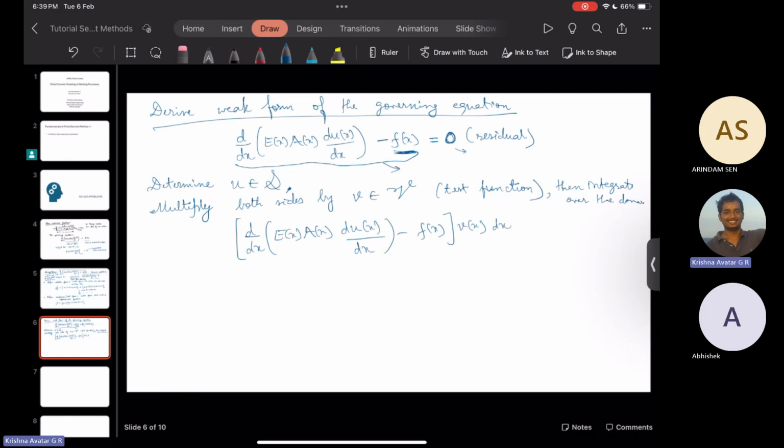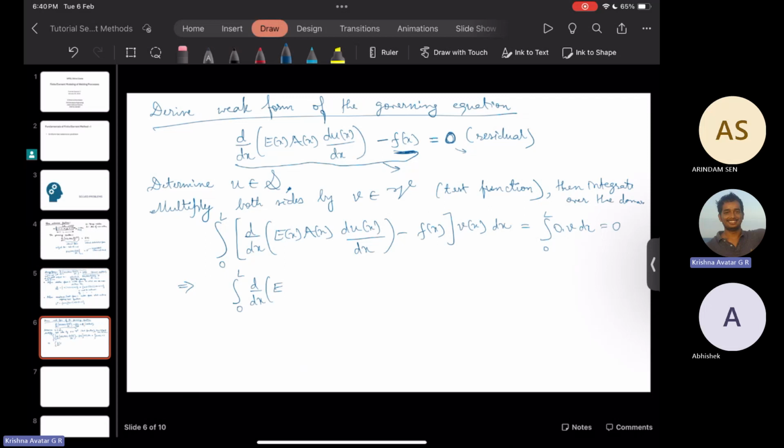Which means that we have x starting from 0 to L, and this equals 0, times v dx, right? So this will eventually come out to be 0. Right? Now what we can do here is break it up into two integrals.